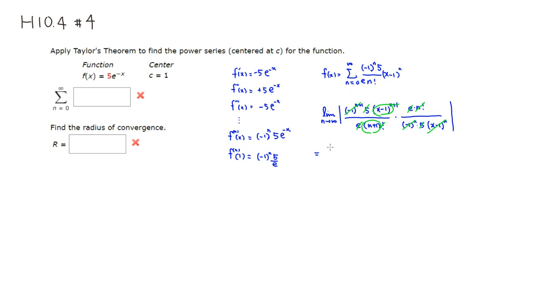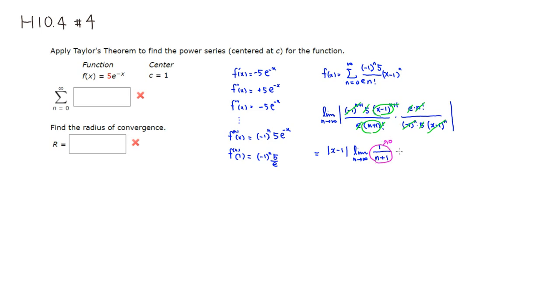So the absolute value of x minus 1 can be kicked out. What's left is the limit as n approaches infinity; nothing really is left on top, and you have n plus 1 on the bottom. You can see that this limit is going to go to 0.